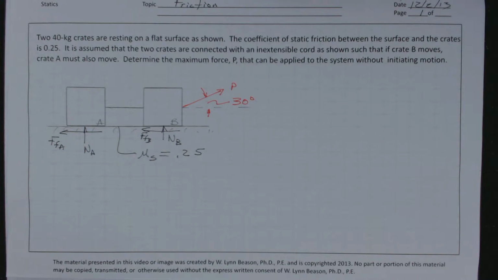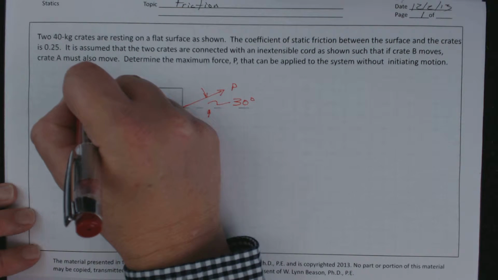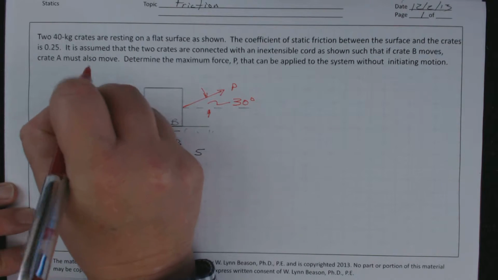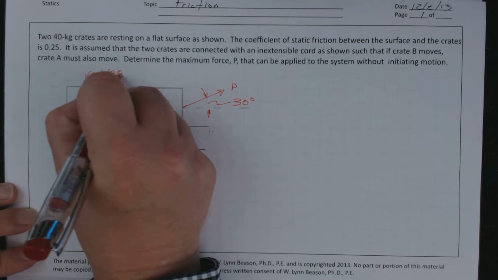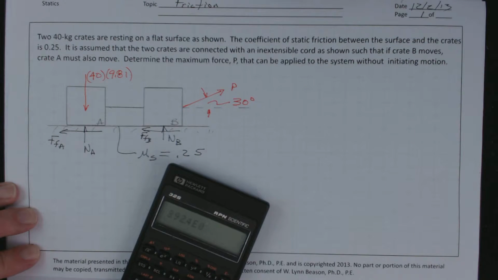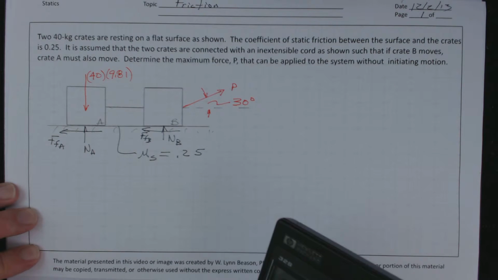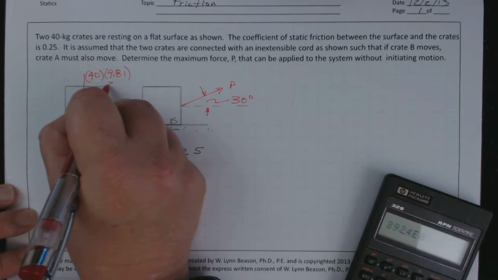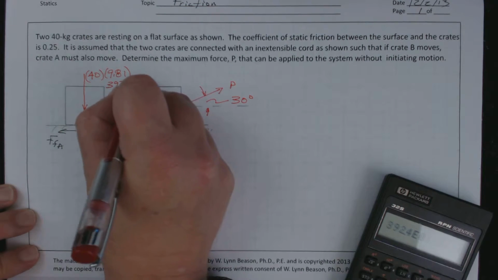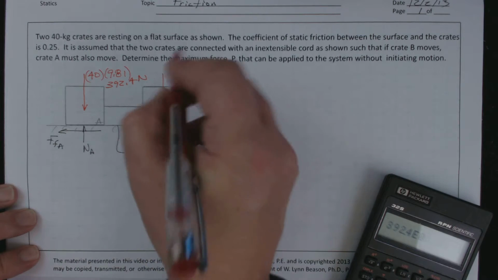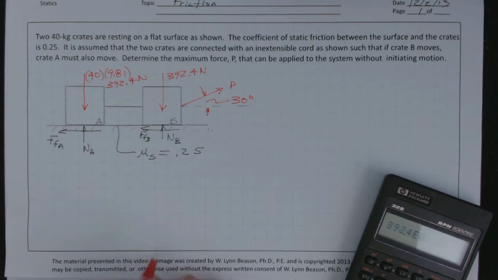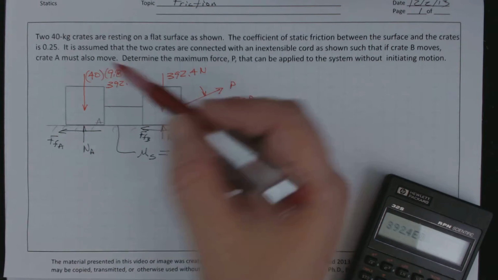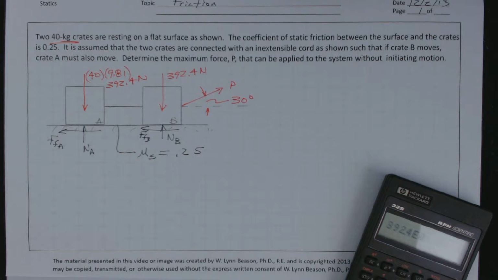Now, with respect to the 40 kilograms, that means that the weight here is 40 kilograms times 9.81. And so if I say 40 kilograms times 9.81, that works out to be 392.4. So 392.4 newtons would be the proper dimension there. And this likewise would be 392.4 newtons, because both crates have the same mass, which is 40 kilograms.